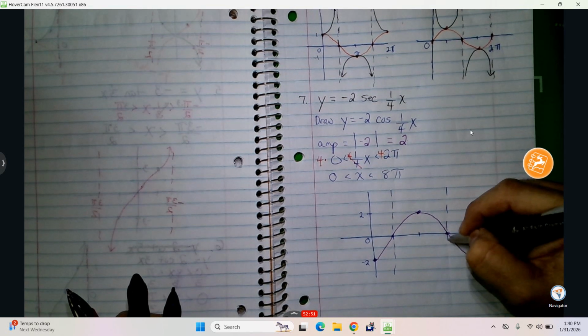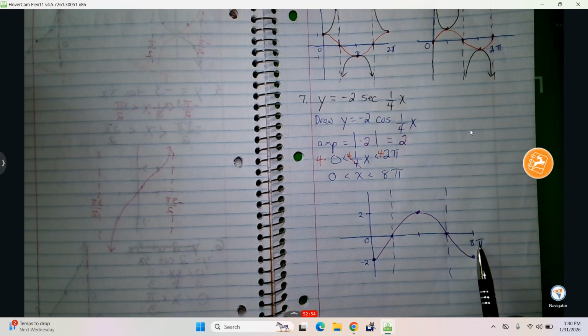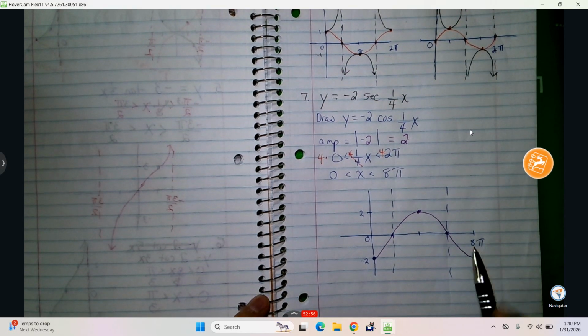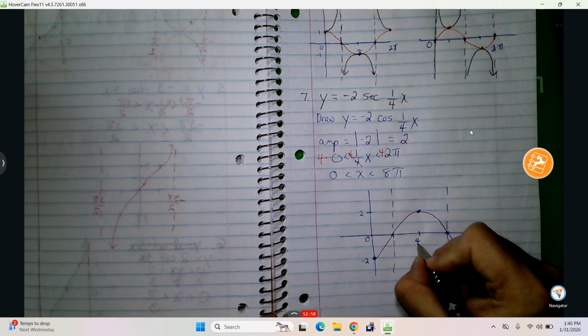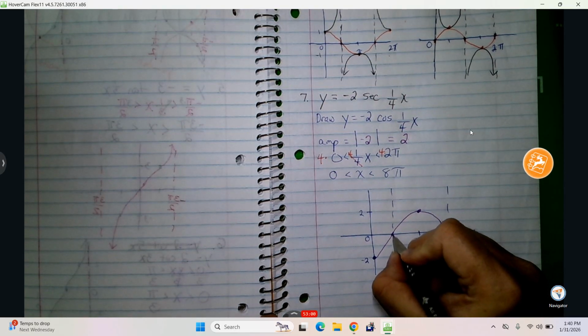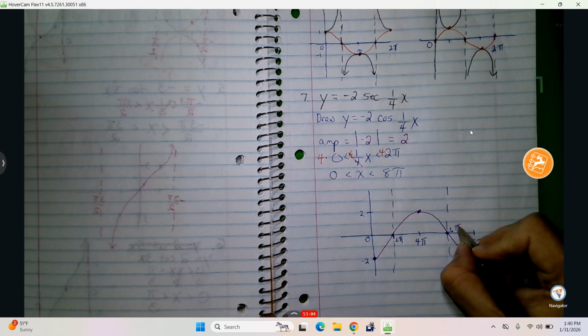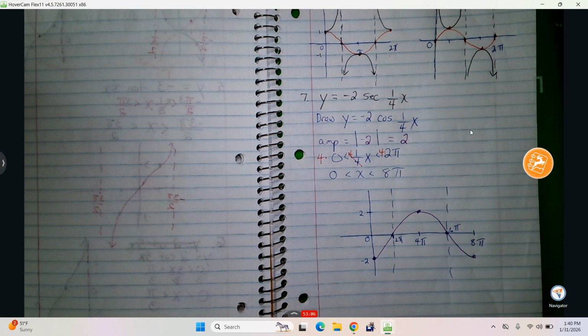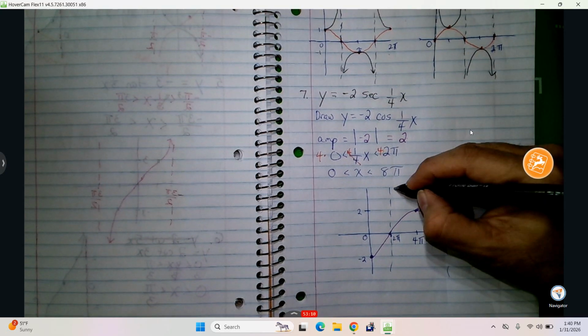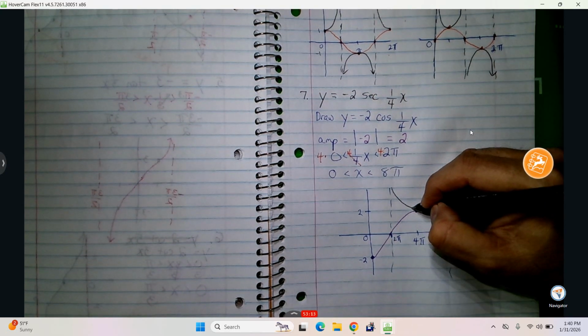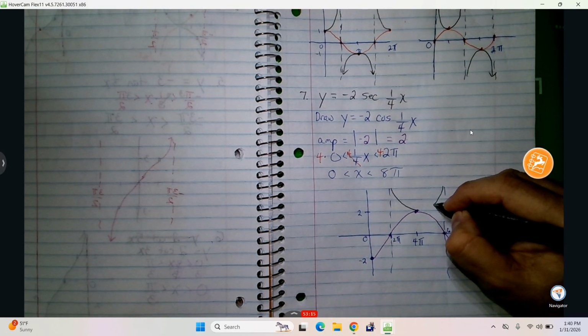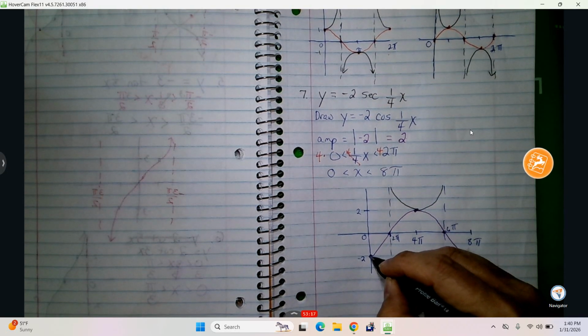So let's just draw my asymptotes. Since this is 8 pi, if we want to put more numbers in here, this would have to be 4 pi. And what about right there? 2 pi and 6 pi? Now, get my black ink. I'm going to draw the little reciprocal curves. They look like this. Here.